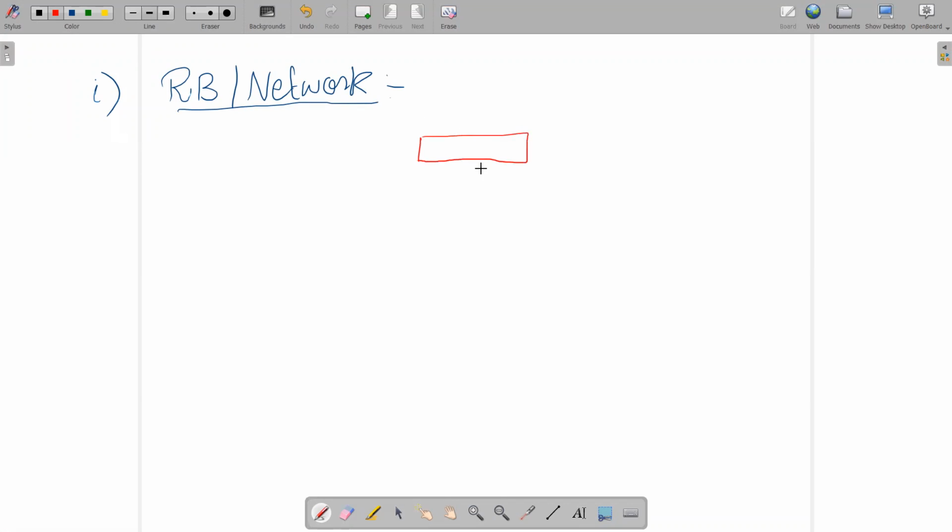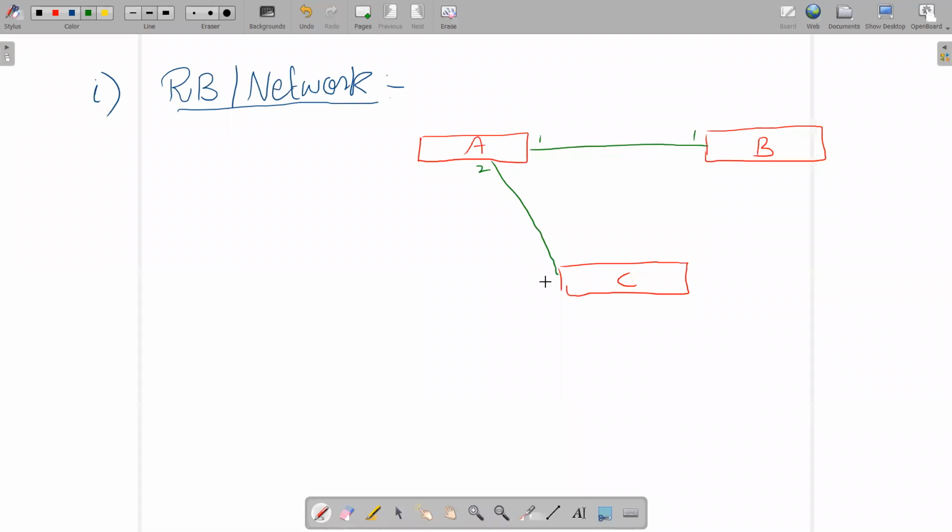For example, I'm having 3 switches, switch A, switch B over here, and switch C over here. And we need to connect them. Port number 1 with port number 1, port number 2 with port number 2. It could be any combination of interfaces. Port number 3 with port number 3. So this is our network, one network.